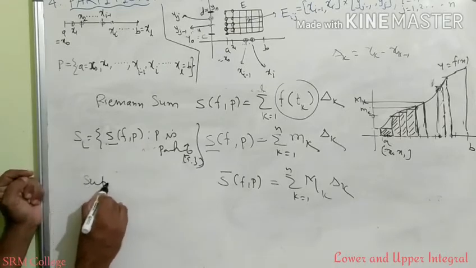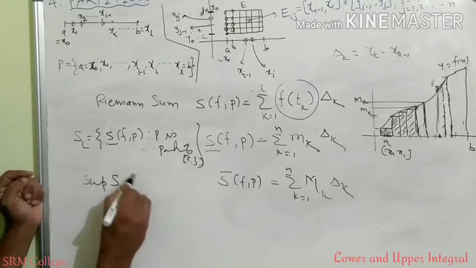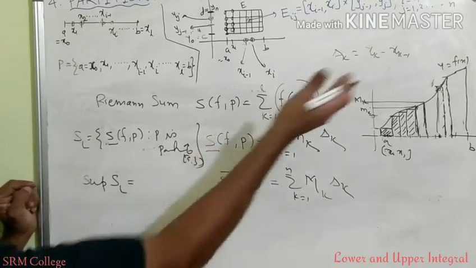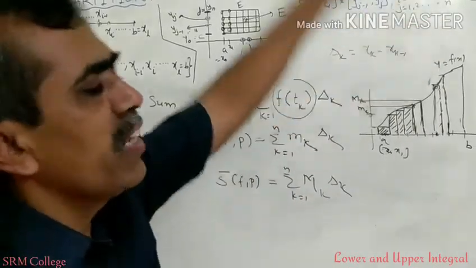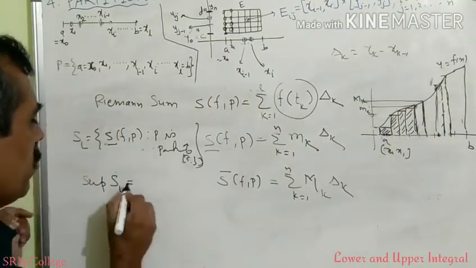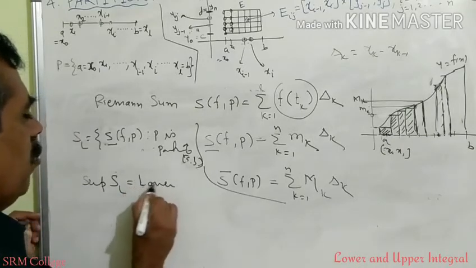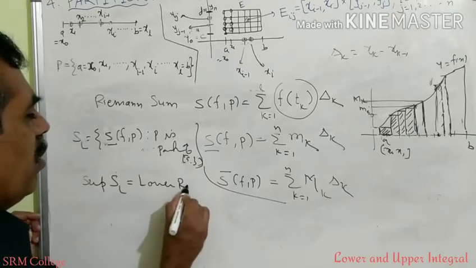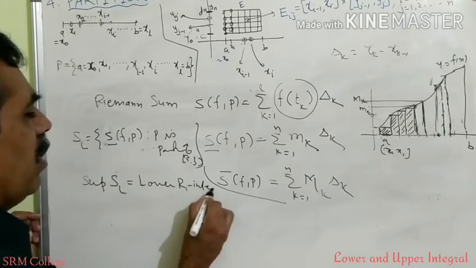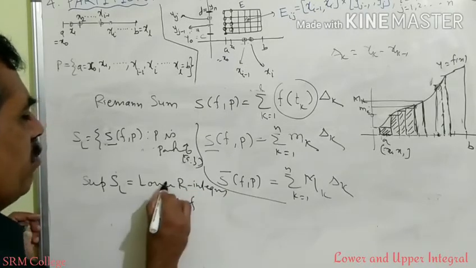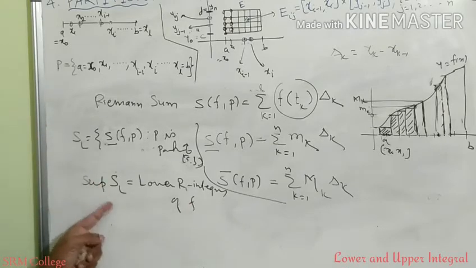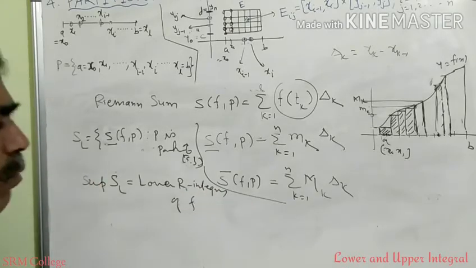Supremum of SL is the largest lower sum, and it will be approximately equal to the area under the curve. It is called the lower Riemann integral of F.